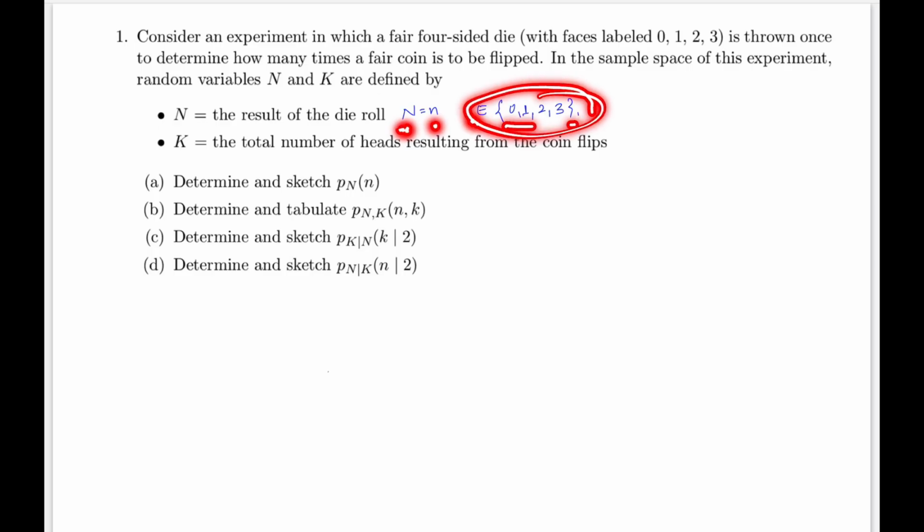Coming to the other random variable, how we have defined it: k is the total number of heads resulting from the coin flips. How many times you will flip the coin depends on what you have got on the die.